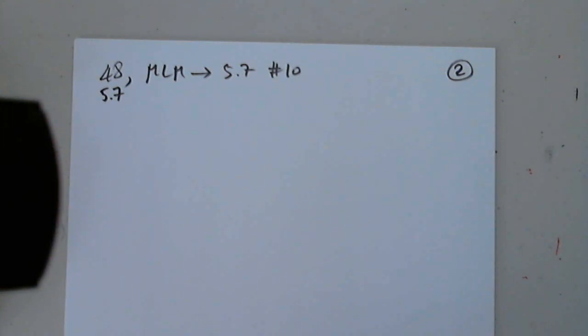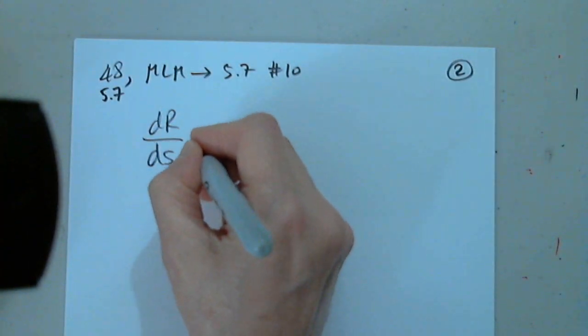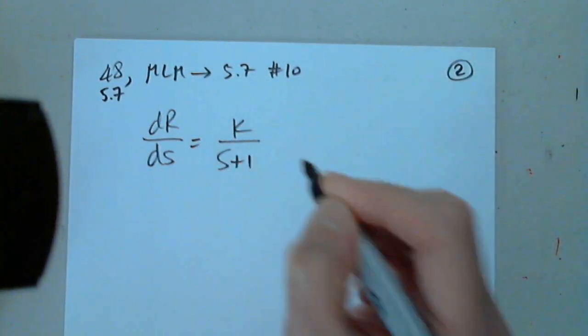Okay, perfect. So the reaction R, which is a function of S, in pleasure units by a consumer receiving S units of a product can be modeled by the differential equation dR over dS equals k over S plus 1.